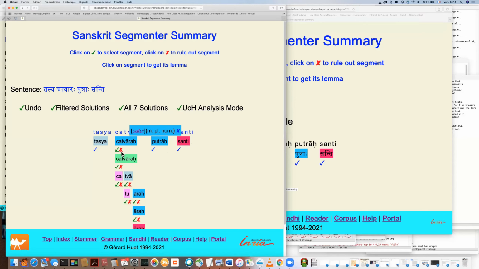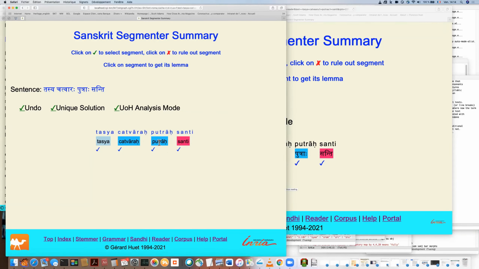So it's a qualifier of Putra. This is Vishesha, this is Visheshana. Okay, and this is this pronoun that refers to the merchant.